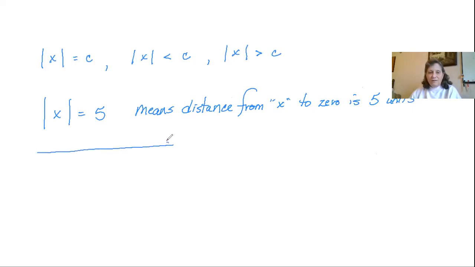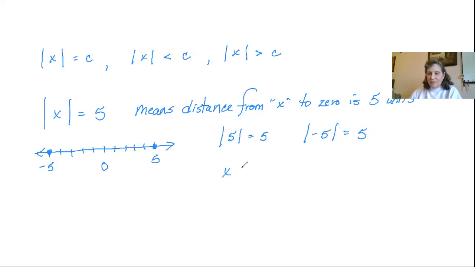So if you look at the number line, here's 0. If we go 5 units this way, we're going to be at 5, of course. Now, this is a non-directional distance, so we could also go 5 units in the other direction and look at -5. And sure enough, the absolute value of 5 is 5, and also the absolute value of -5 is 5.